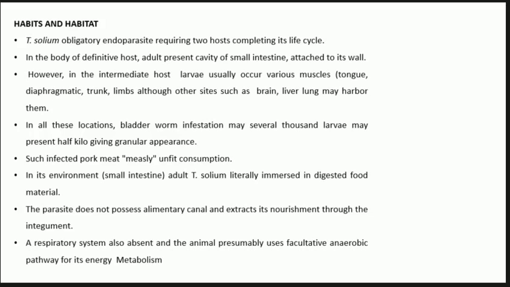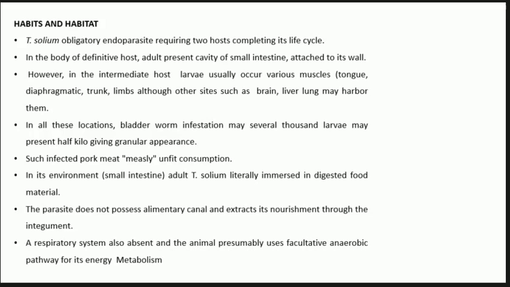Although other sites such as brain, liver and lung may also harbor them, very rarely has this tapeworm been observed in brain, lung or liver. But yes, muscles or trunk, diaphragm, tongue, there you can find them definitely.